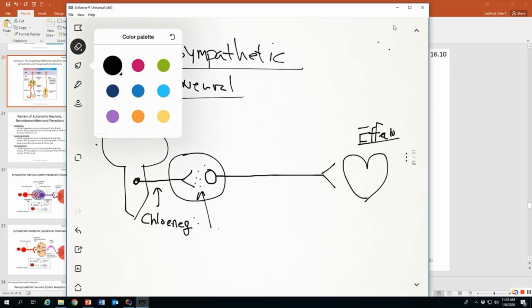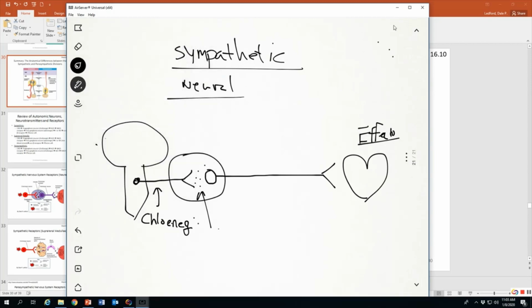That means it releases ACh, acetylcholine. That means the receptors found at all ganglionic synapses are nicotinic acetylcholine receptors. Nicotinic.